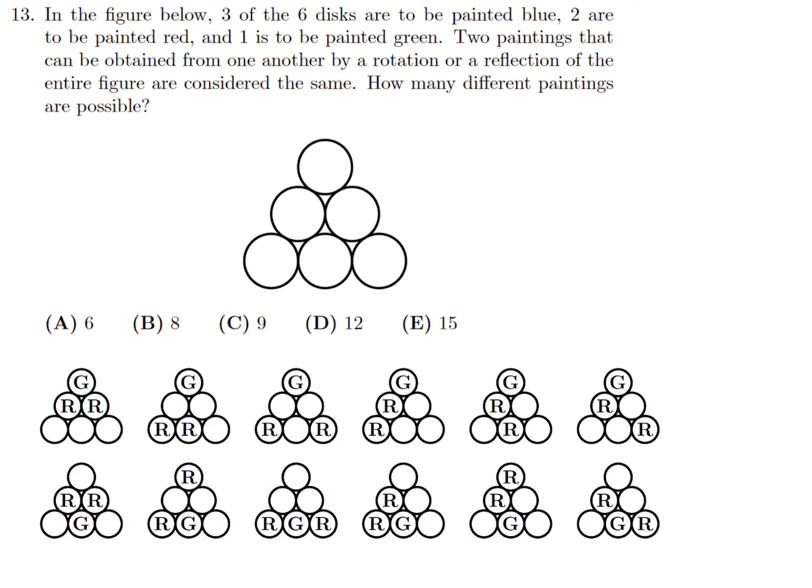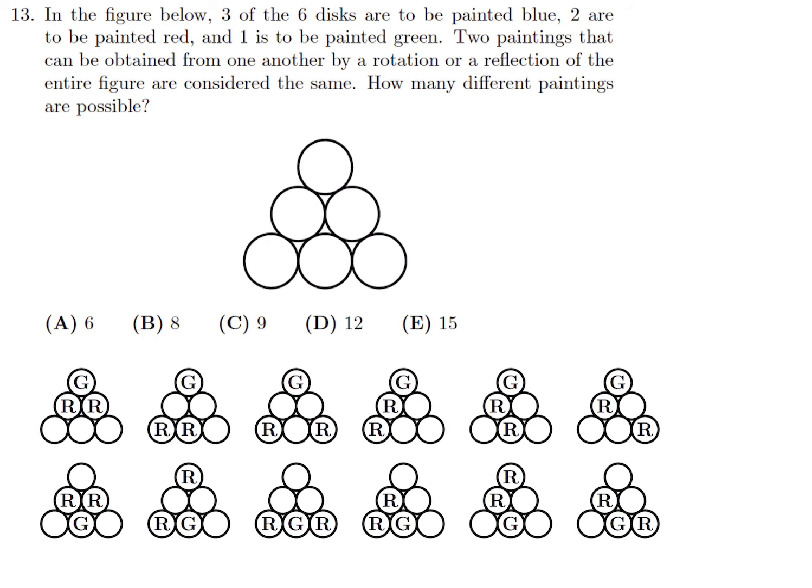Well, here you go. These are the possibles, these are the different types of, I guess, arrangements. And none of these are duplicates because they made sure to tell you that if you can get something by rotating or reflecting, it's considered the same. So these are unique.